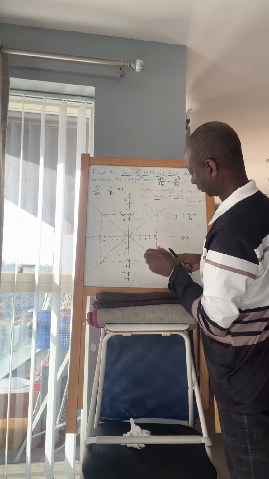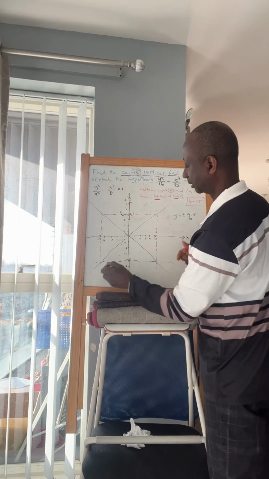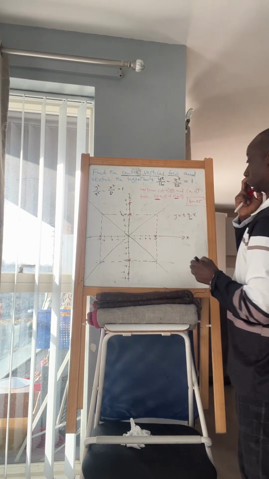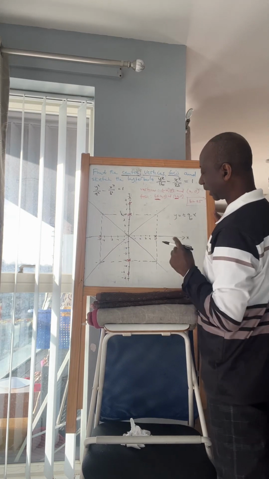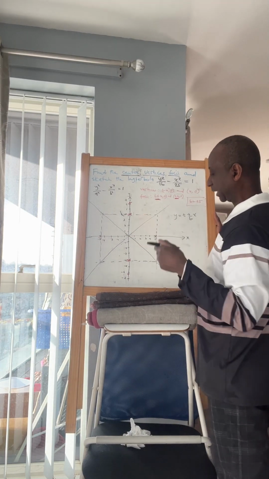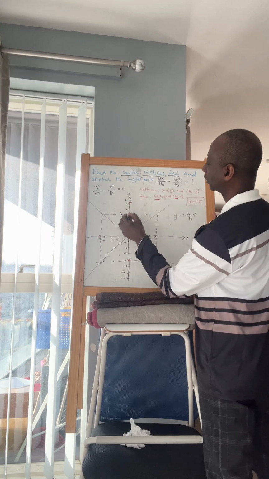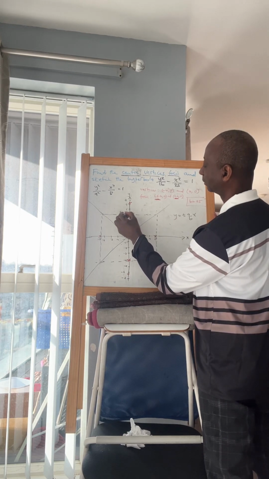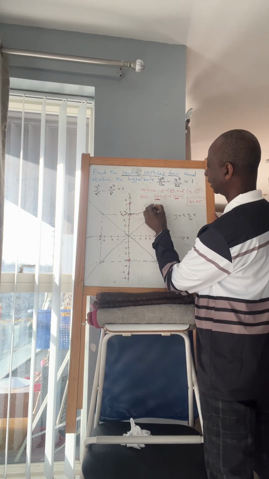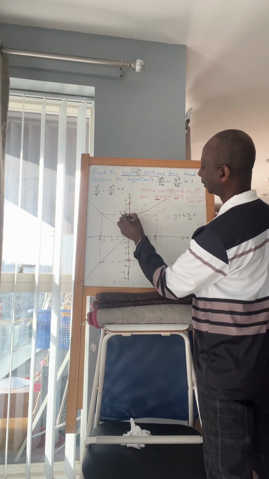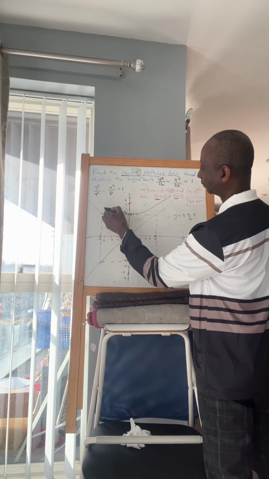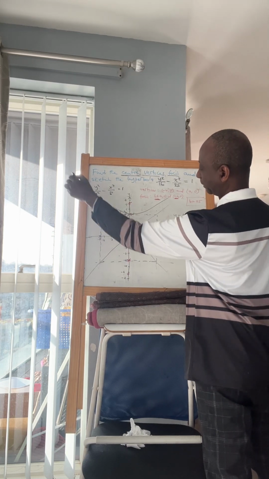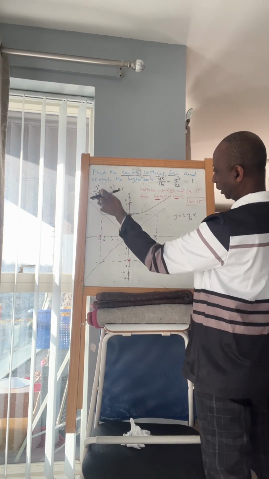Let me just extend this line. For us to be able to sketch our graph, you know the vertex is the turning point of the hyperbola. So the hyperbola turns here. This hyperbola will now continue to go that way and follow this straight line.